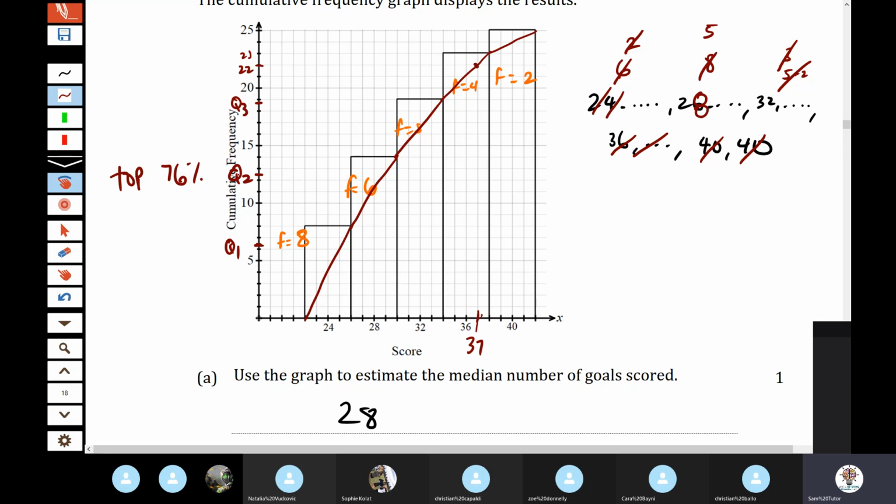It's more of a selective high school exam, which is what St. George Girls are. But at the same time, it takes what you already know and applies it at just that little bit higher, which is the trial HSC level. HSC level won't be like that. HSC is usually a little bit easier. So the trials are a little bit harder, and this is exactly where you probably want to be. So good question anyways. Top 76%.